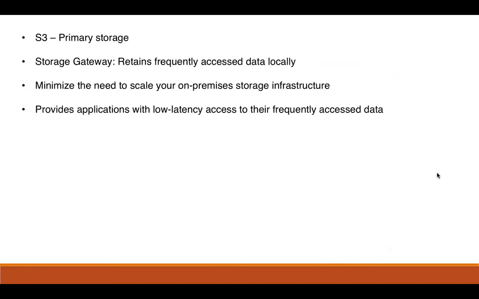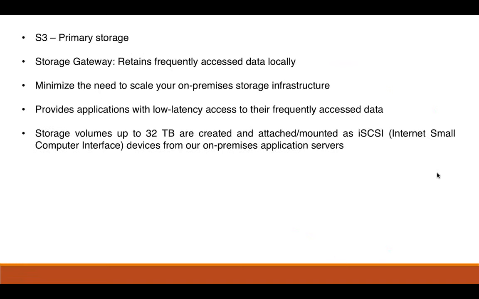So the application servers can access the frequently accessed data stored in the cache storage within the storage gateway. Storage volumes up to 32 terabytes are created and attached as iSCSI devices from your on-premises application servers. So each volume backed up by the S3 can scale up to 32 terabytes.